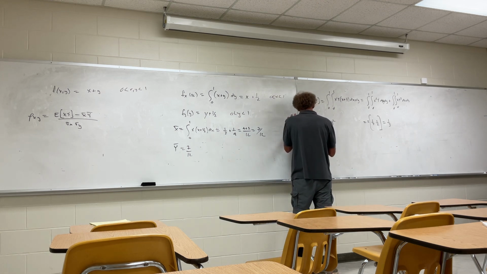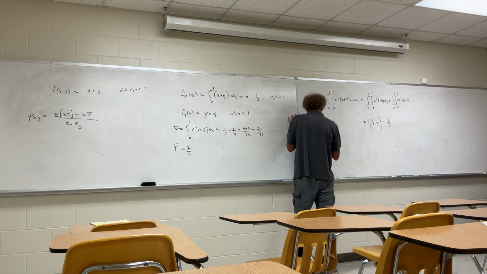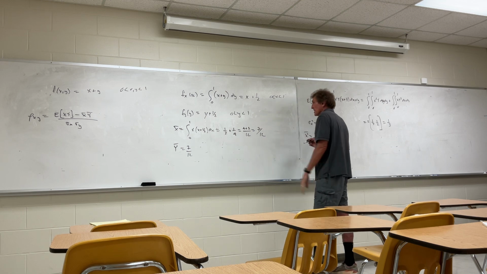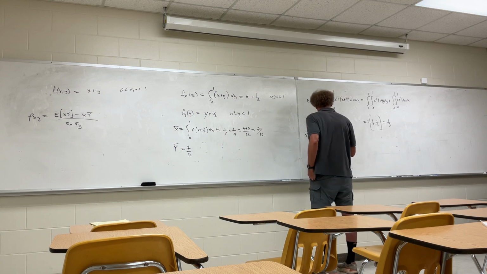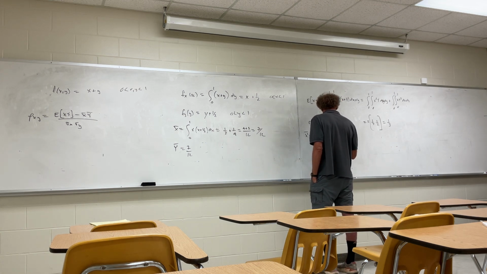Well, x squared bar would be equal to what? Integral from 0 to 1 of x squared times f of x. What is f of x? X times x plus 1/2 dx, right?